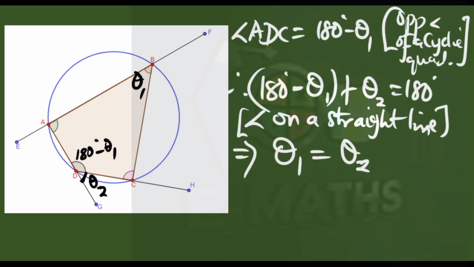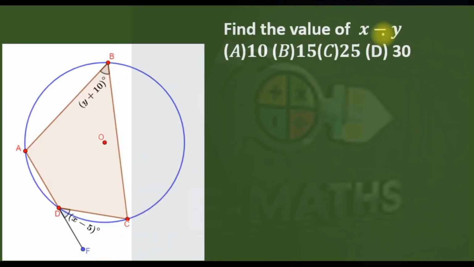We're asked to find x, the value of x minus y. So using what I just proved, you see that this interior, this exterior, y plus 10 is equal to x minus 5.